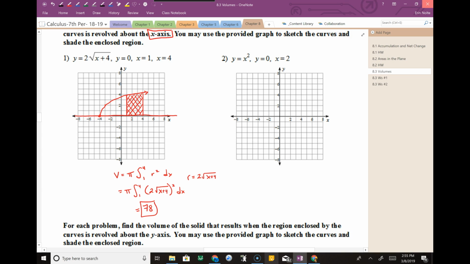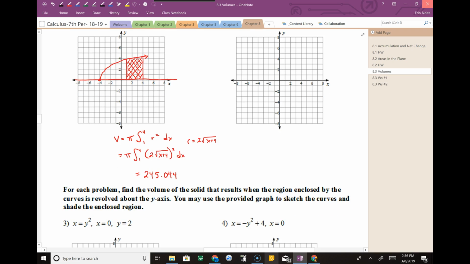I think this is right. Ruby, I think maybe double check because Gracie got 245 and the way I'm looking at this, it looks correct. So when you type it in the parentheses, you have to type after the integral parentheses 2 square roots of x plus 4 end parentheses and then squared. You do the times pi? Times pi? Is someone in radian and someone in degree? I read the pi. All right.